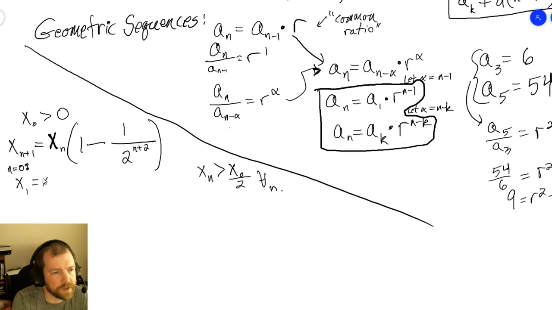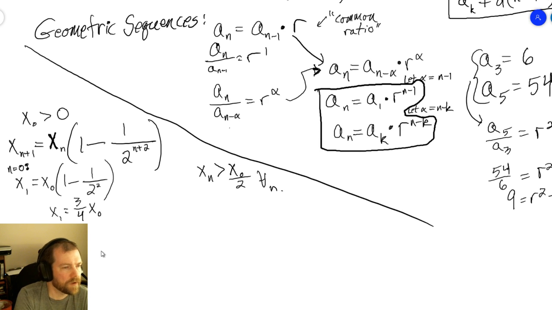So x sub 1 is equal to x sub 0 times 1 minus 1 over 2 to the second power. So this is going to be 1/4, it's 3/4, so x1 is going to be 3/4 of x0. Unless I copied that wrong. Oh no, greater than. Right, we're good.